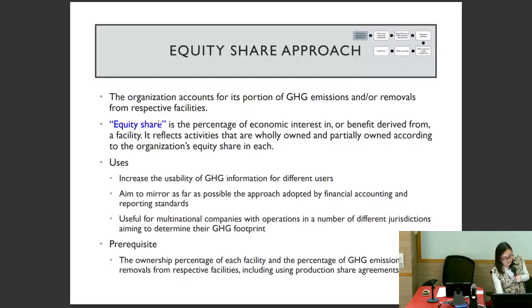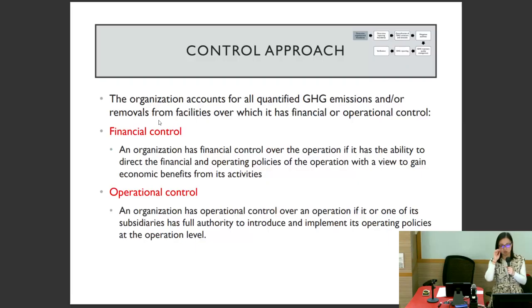Unlike the control approach, where the company either has control or has no control, if they have the control, then they are 100% responsible for the emissions. If they don't have the control, then they are responsible for 0% of the emissions.